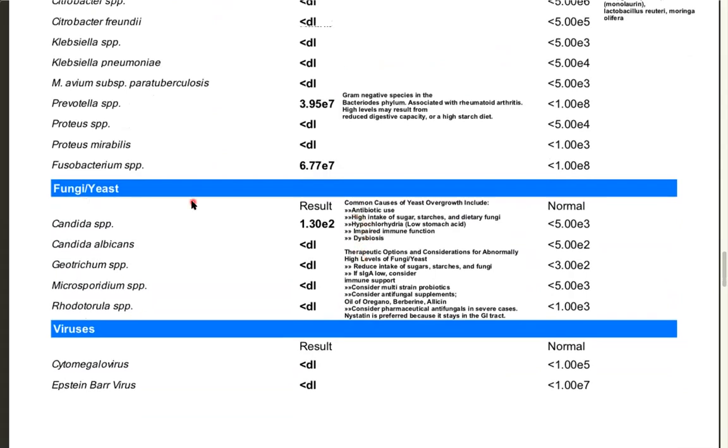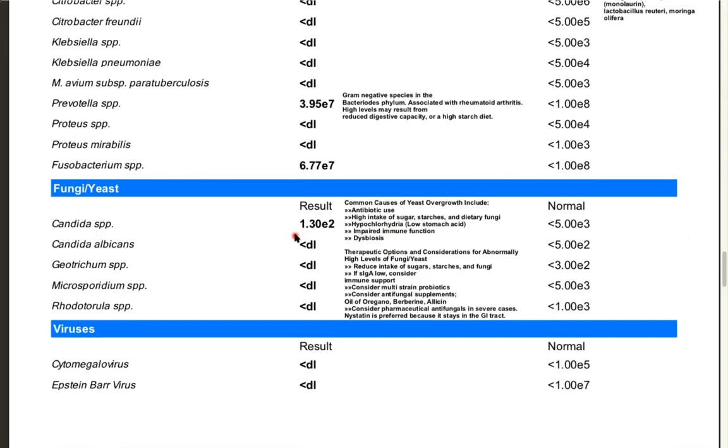There was some fungi and yeast found in the stool. So it's not red, it's not coming up too high, but it is there. It's not below detectable limit. It is there. Candida overgrowth can be caused by antibiotic use or recurrent antibiotic use. It could be caused by too much, again, sugar or starch in the diet, refined carbohydrates, or fungi in the diet.